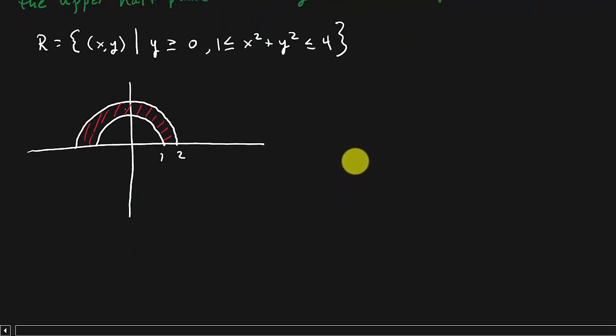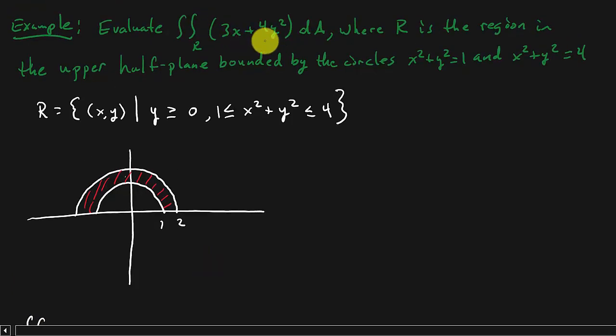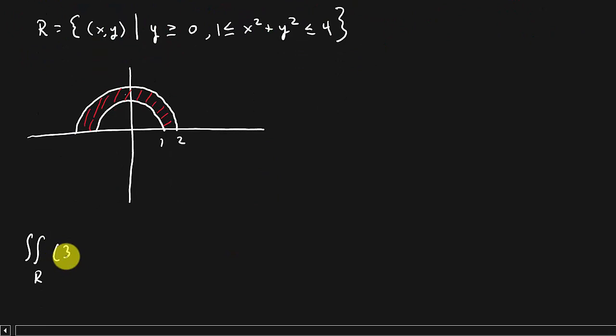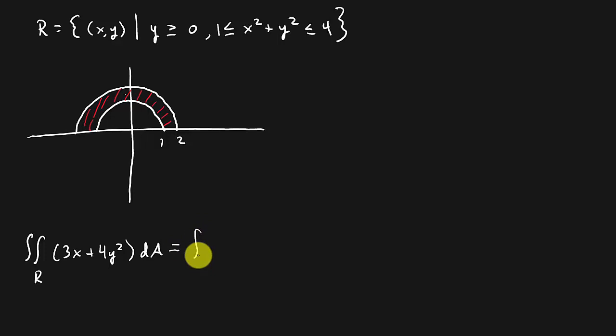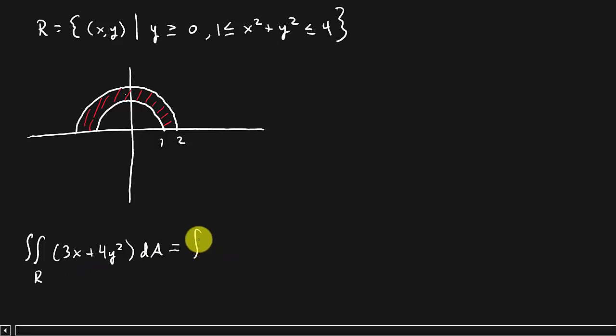So let's set up our integral. We've got the double integral over R of, I'm just copying this down again, (3x plus 4y) squared dA. So what's going to be the bounds on this integral?